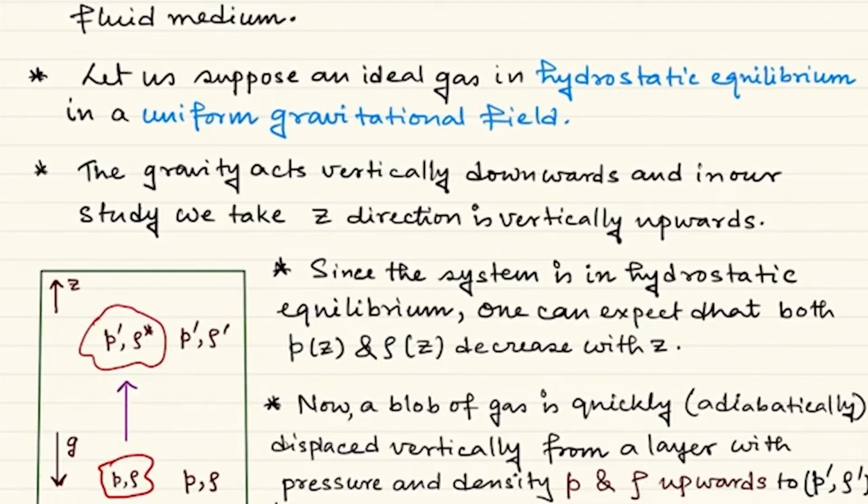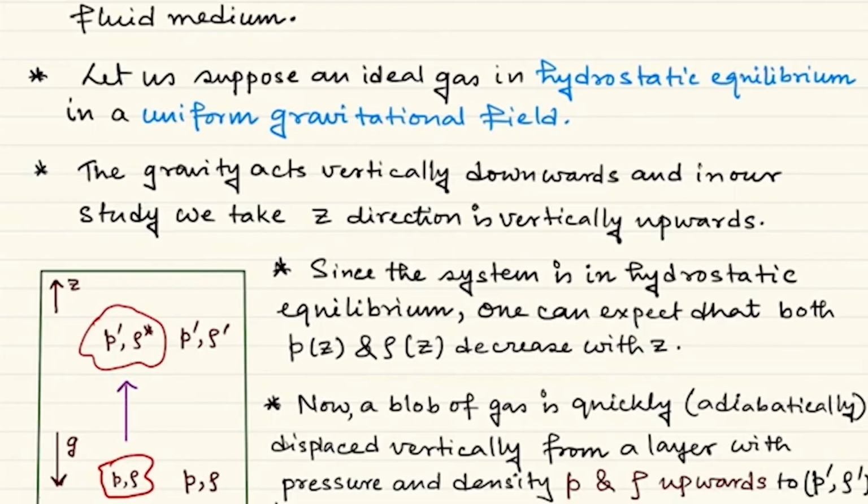How? We take a small blob of gas, and we quickly displace it, quickly is very important, vertically from a layer below to a layer above.